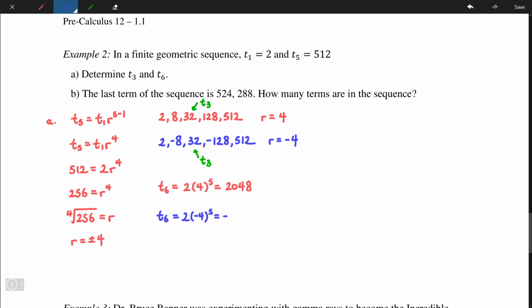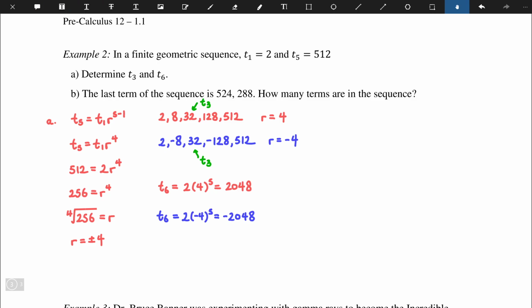So we'll get negative 2048. So the magnitude of the numbers are the same, but the signs are different, which is understandable because every second term, the signs are different, as you can see. Again, this is a unique example. Generally, there will be ways to avoid this kind of ambiguity on an assignment or test.